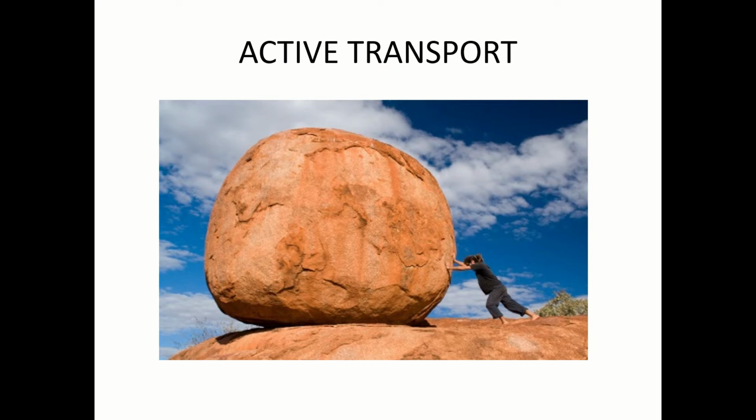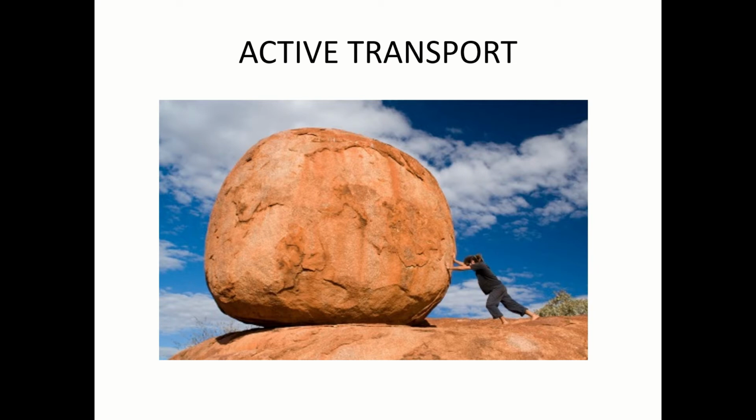Samantalang pag sinabi naman natin na facilitated diffusion, coming from the word facile, which means to help, to assist, ito yung type ng passive transport na kung saan kinakailangan ng mga substances na dumaan through a tunnel or through a carrier protein para makapasok or makalabas ng cell.